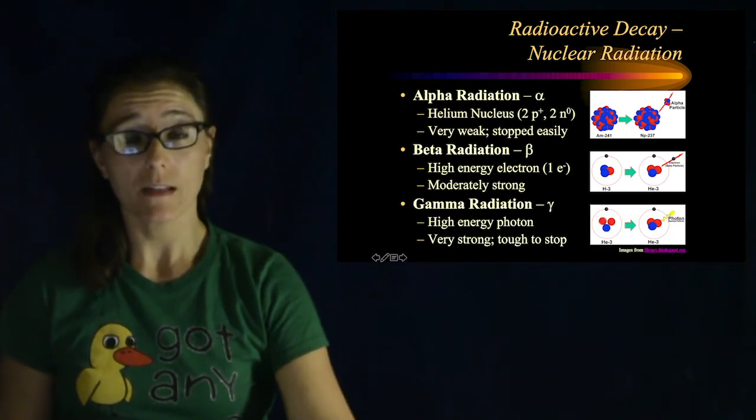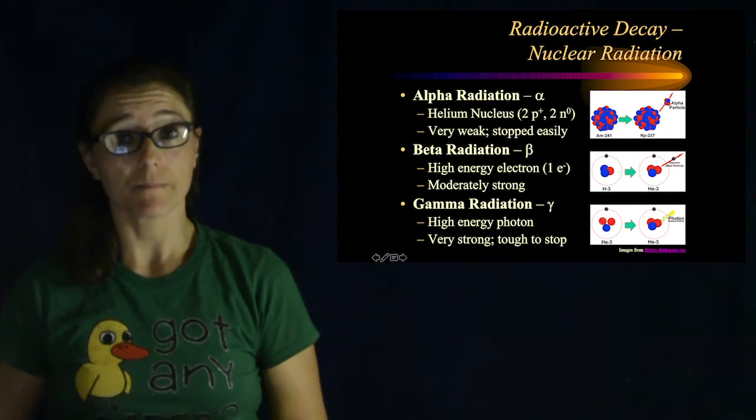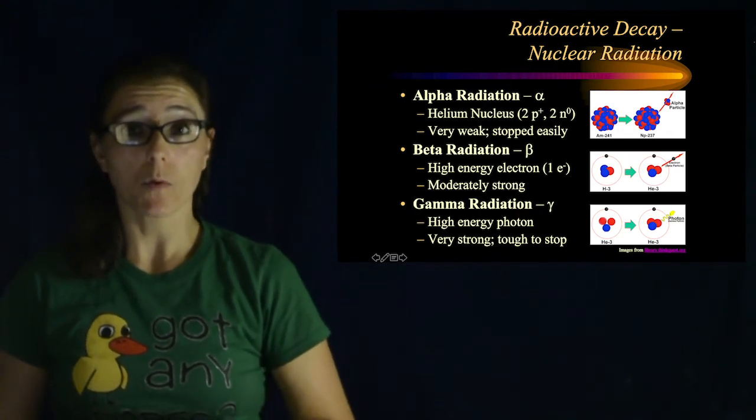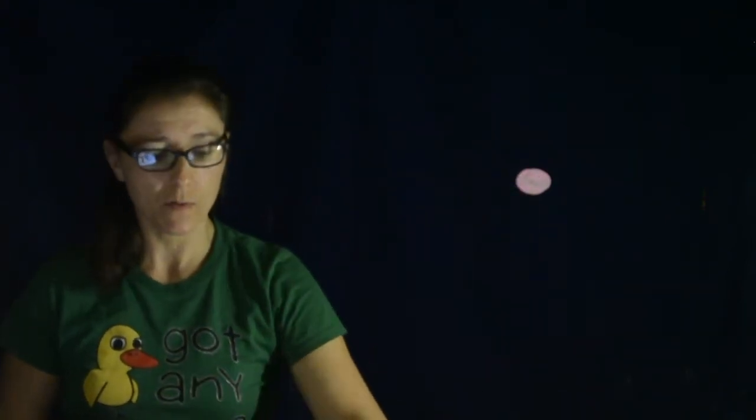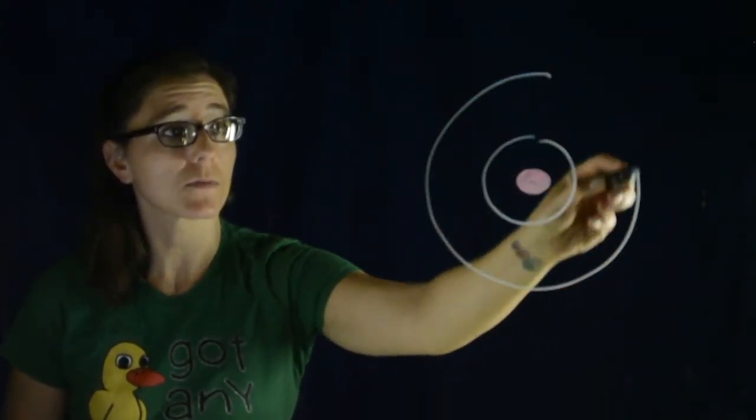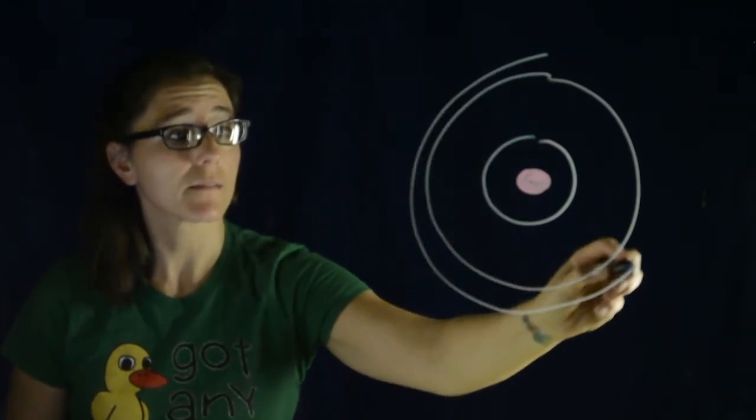The last form of radiation is known as gamma radiation. If you recall, when we talked about Bohr's atomic spectra, we discussed that the atom consists of a dense positive nucleus with protons and neutrons. We've heard this before, even already today, surrounded by discrete energy orbitals on which electrons reside.